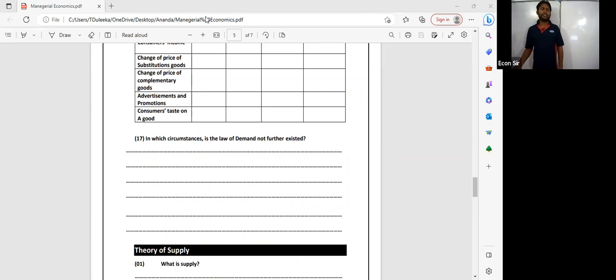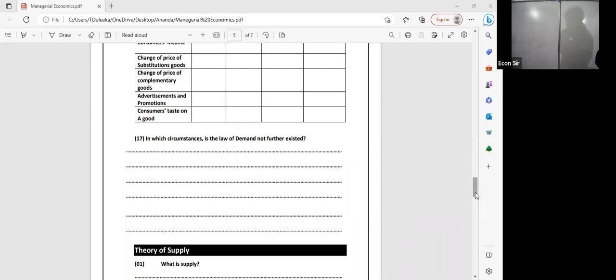We have to take that medicine, so we have to sacrifice our other things and take medicine, because there is no option. That's highly essential goods. Now I have given altogether six situations in which the law of demand exists. Okay.